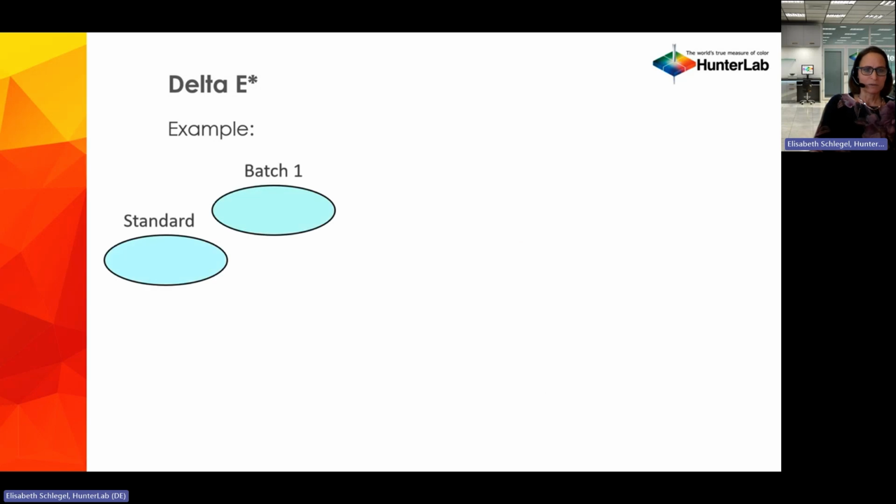I have, for example, a certain standard and a certain color here, and I have a batch 1 with a quite similar color, and actually the delta E is 1, and this is derived because it's different in all 3 dimensions. So there's a little difference in L, in A, and in B, and altogether that gives a difference of delta E that is 1.